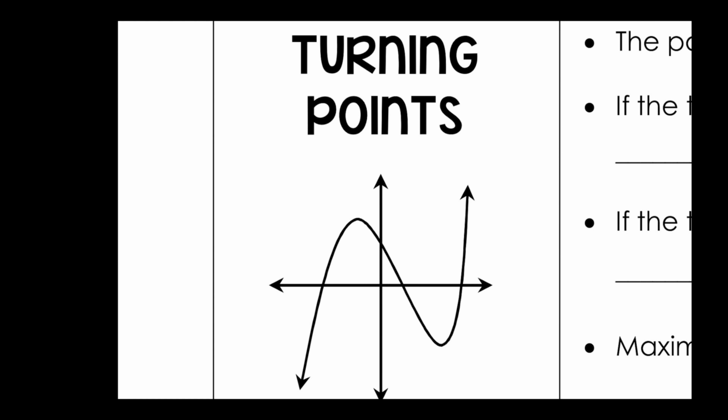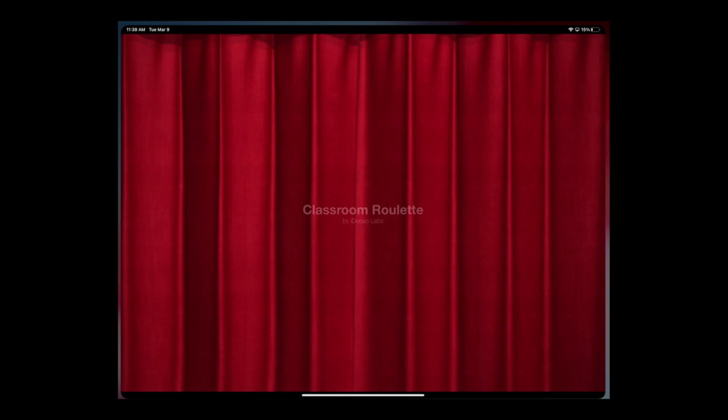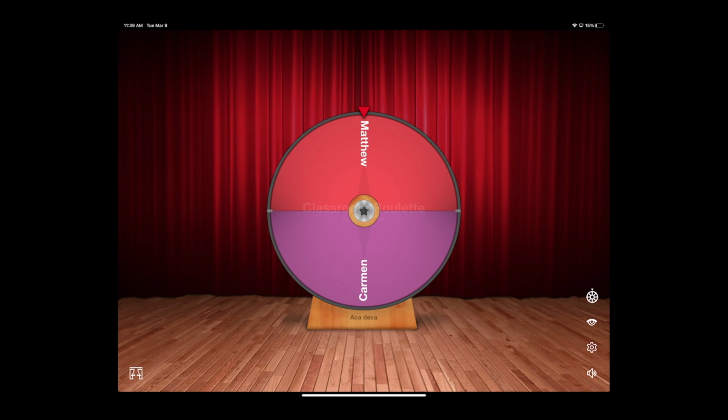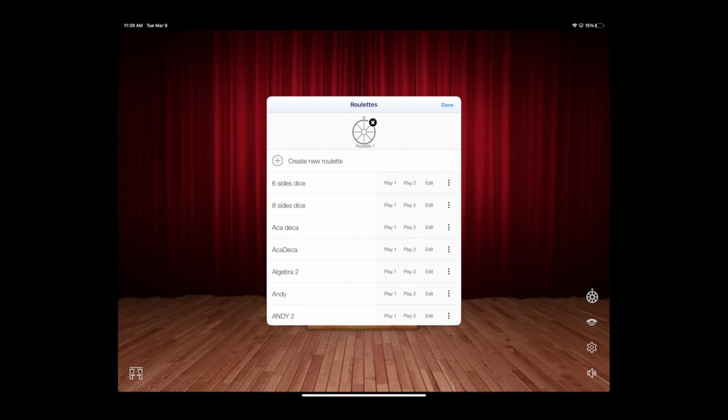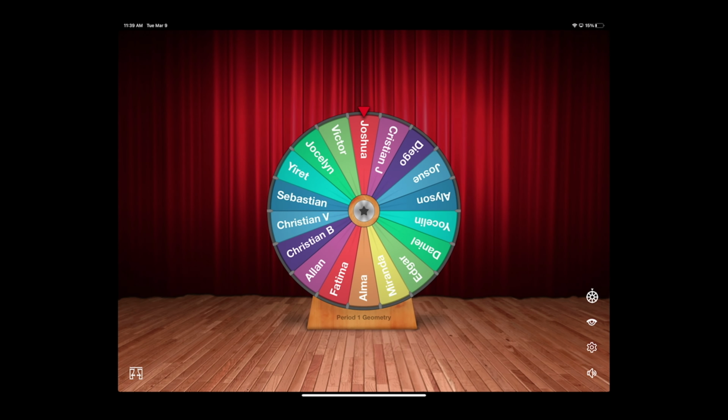You know what I haven't implemented this semester or this year at all? The wheel. Do you guys remember the wheel, those of you that had me before?